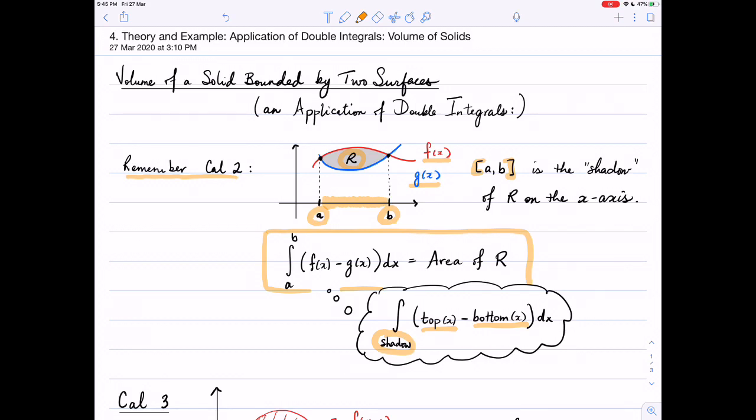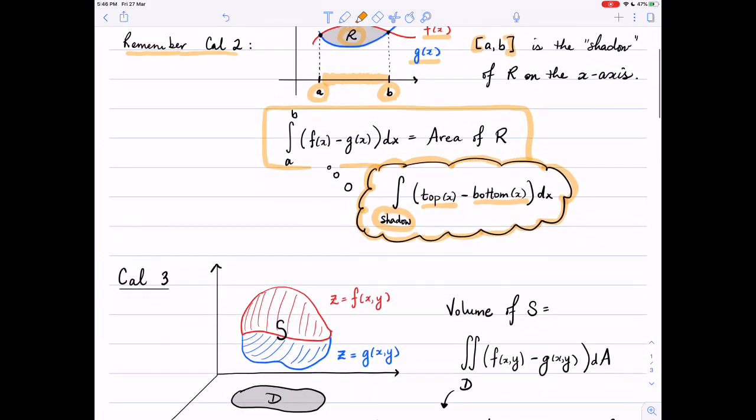And that is kind of the inspiration. I put this in thought bubbles here as a not very formal kind of formula. But that idea of doing the top function minus the bottom function over some sort of shadow is going to be our inspiration going into R3, one dimension up.